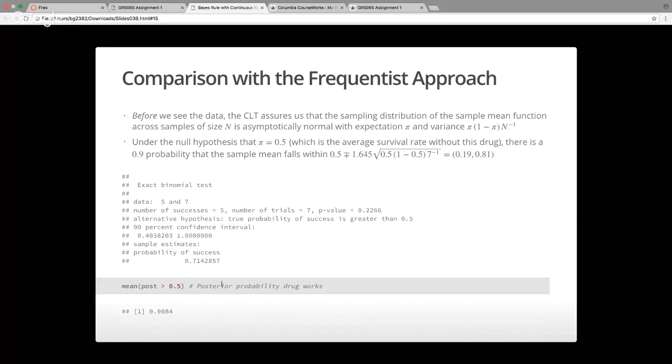We get this interval 0.19 to 0.81. And that doesn't make exactly as much sense with finite, discrete data, because that's going to be lumpy.